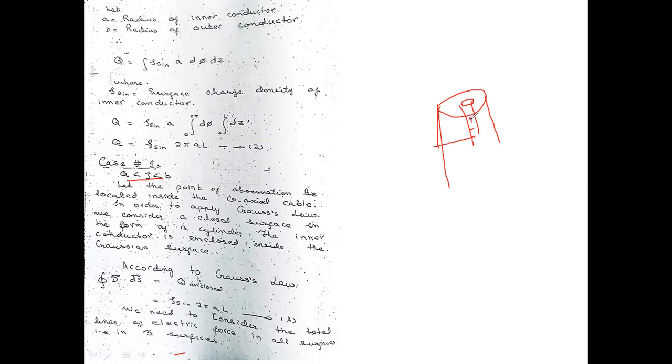So where is our rho? Our rho is somewhere here because it is greater than a and less than b. So the first case is a less than rho less than b. Now applying Gauss's law we will have rho_S, which we have found here.